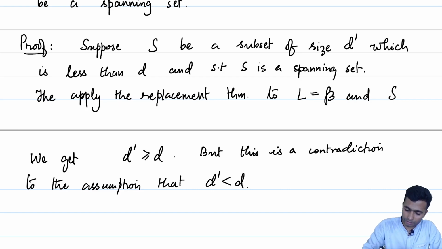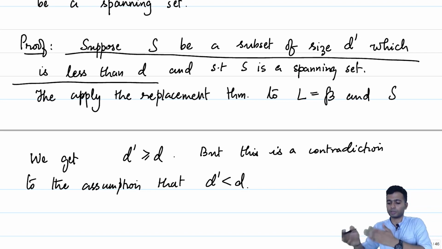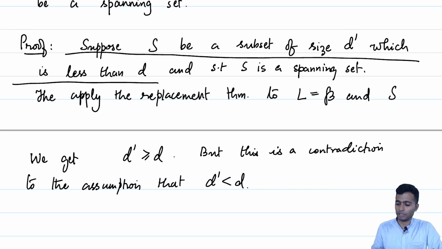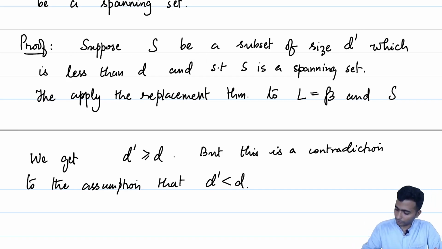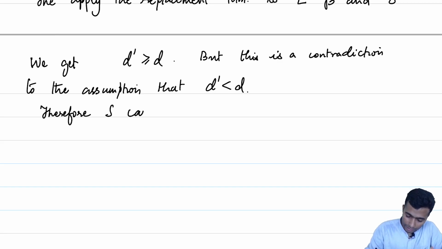If you notice, this is what our assumption began with: suppose S is a subset of size D prime which is less than D and such that S is a spanning set. So that cannot happen, right? There is this assumption going wrong, and therefore S cannot be a spanning set.